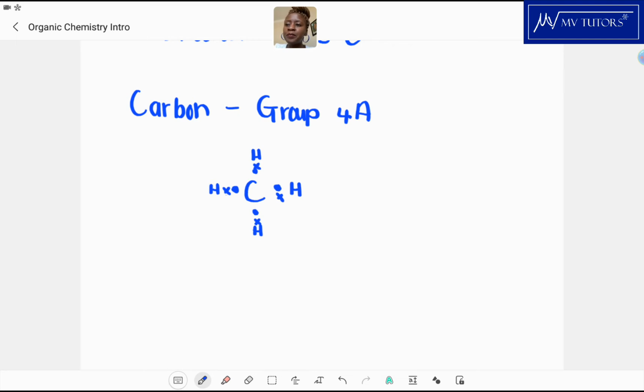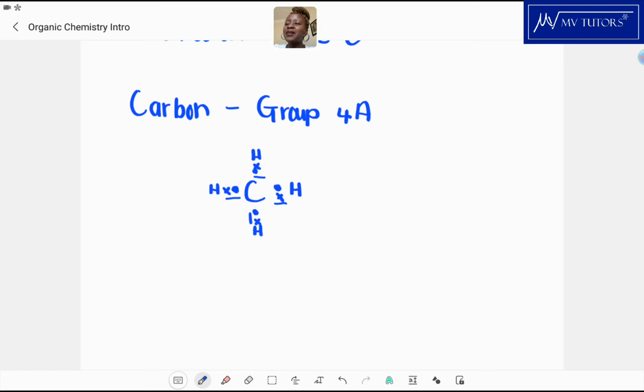So for example, this cross represents an electron as well as the dot, so you'd have 2, 4, 6, and 8. So 8 electrons are surrounding carbon. Now your octet rule is adhered to.